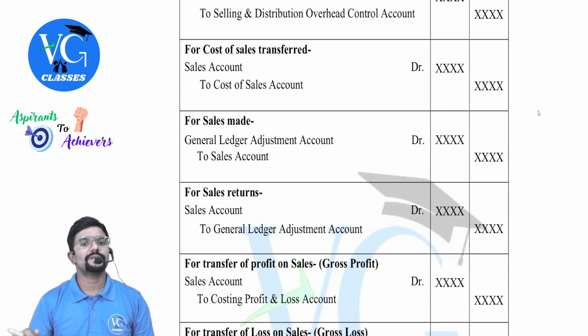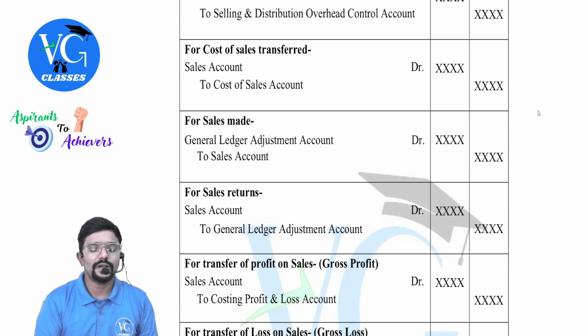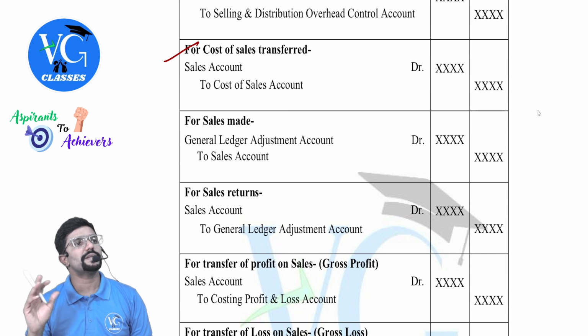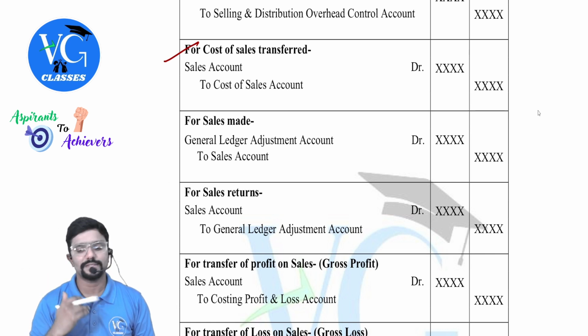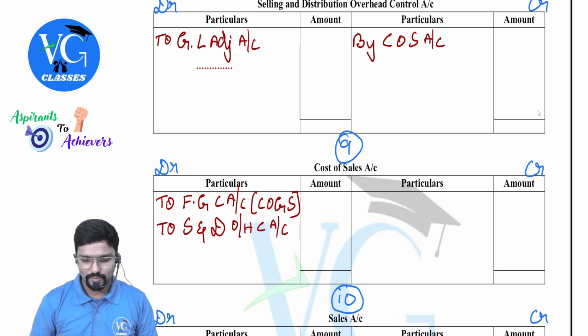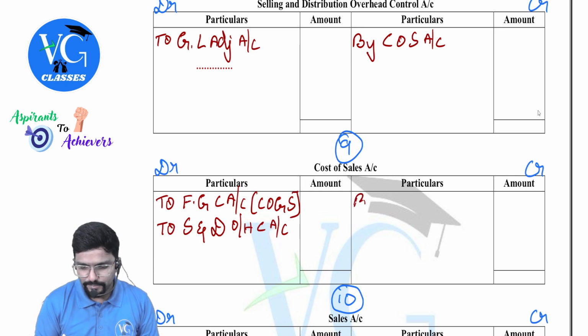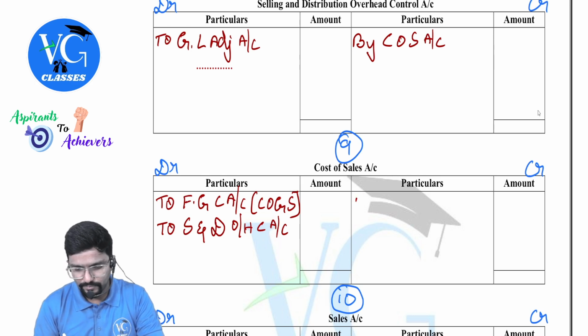Next, we are transferring cost of sales to where? Sales account. What is the name called? Cost of sales only. We are transferring from cost of sales to sales. So cost of sales on the credit side, by sales account.